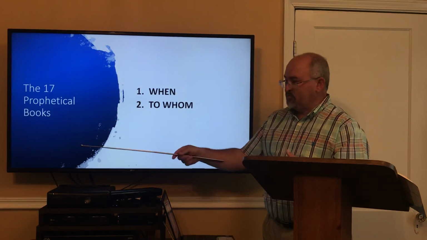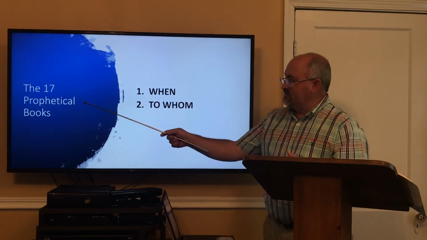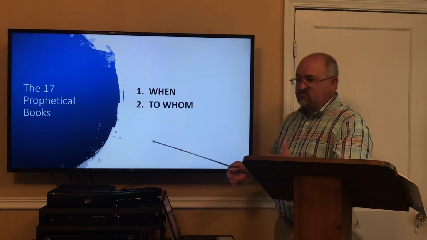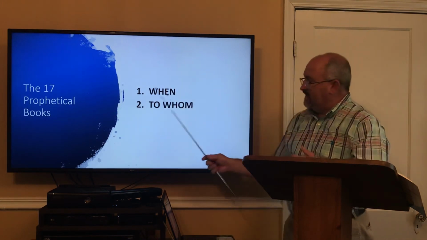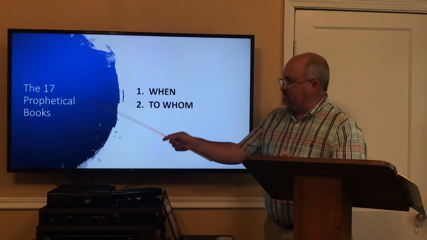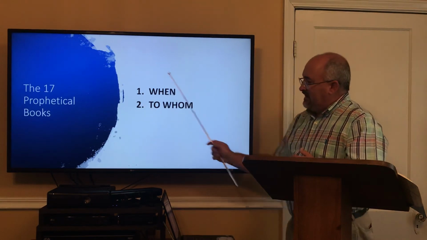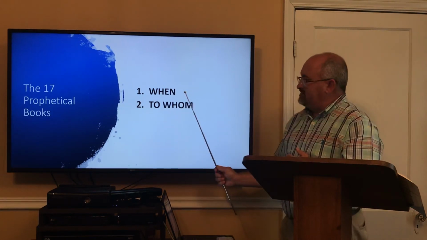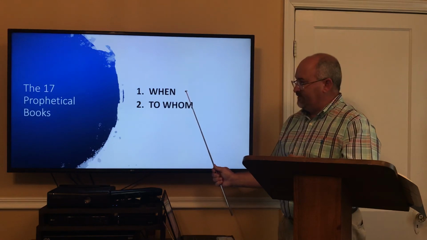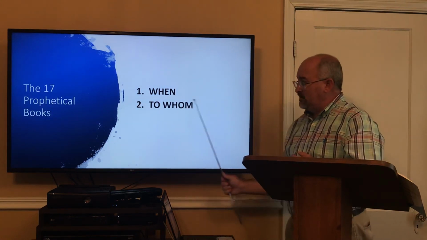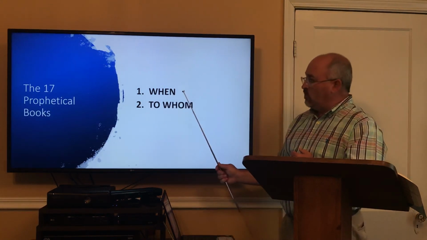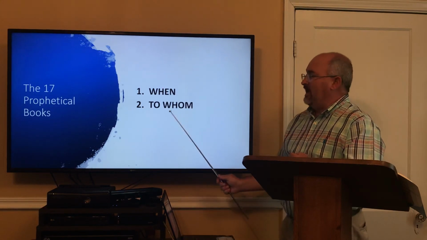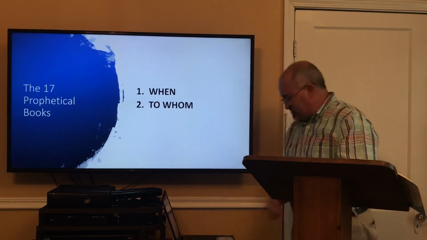The prophet was preaching to the children of Israel or to surrounding nations. They were all sermons. So, in order to know the contents, we need to know when they preached and to whom they preached. Okay, so when did the sermon get preached and who was the preacher preaching to?